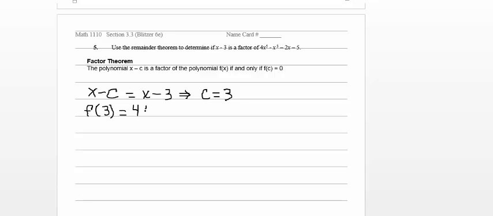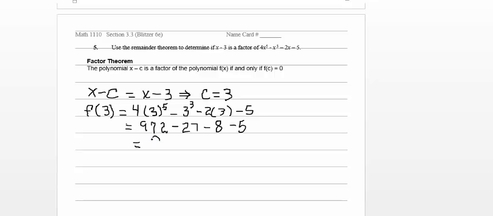So f of 3 is 4 times 3 to the fifth minus 3 cubed minus 2 times 3 minus 5. So that's 972 minus 27 minus 8 minus 5. And this gives me 932.